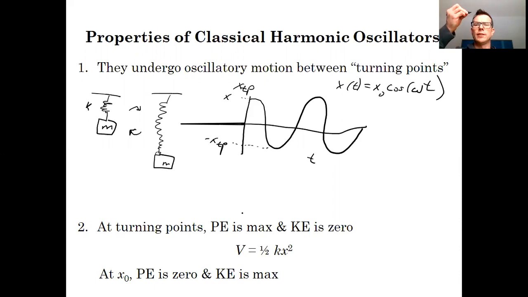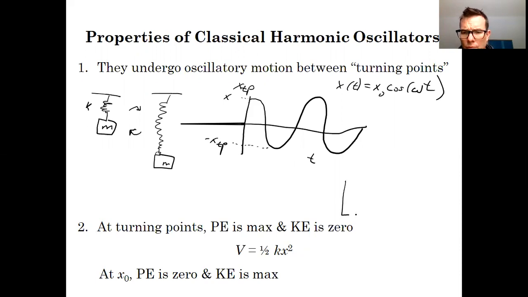It actually holds still for one brief instant in time. All the energy is located in the potential. Remember that the potential for a harmonic oscillator is 1/2 kx squared. When it comes back down and goes through the middle of the system, the potential energy is now zero and the kinetic energy is a maximum.